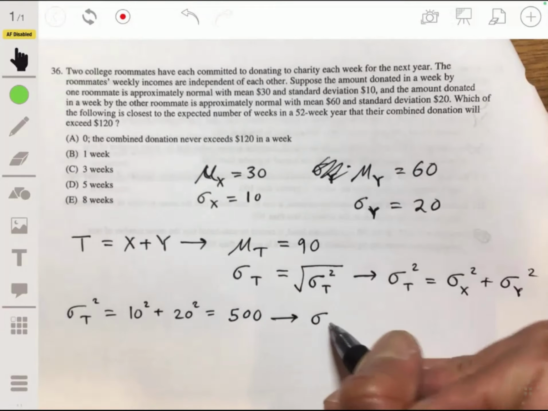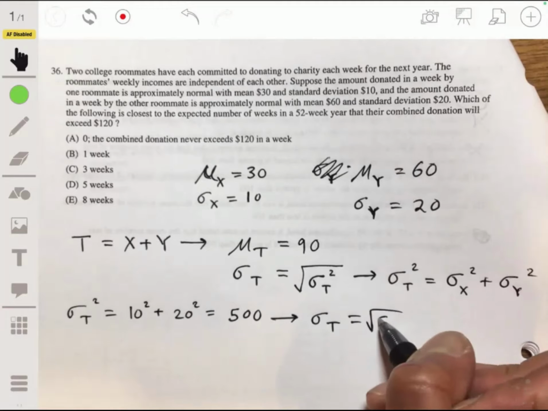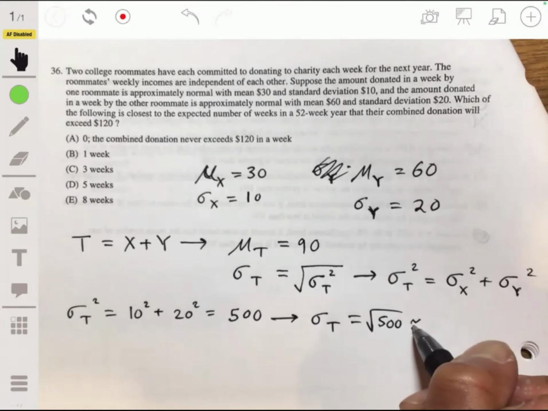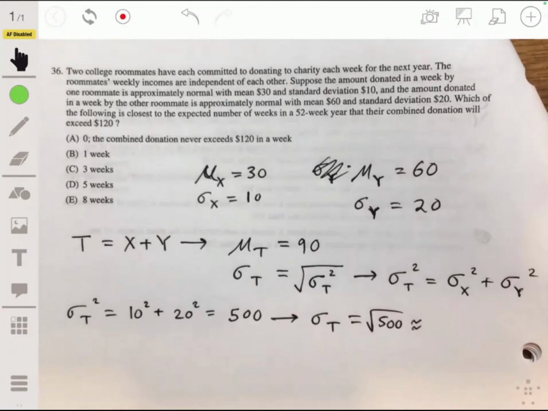And so the standard deviation of T will be the square root of 500. Decimal approximating, we get about 22.36.